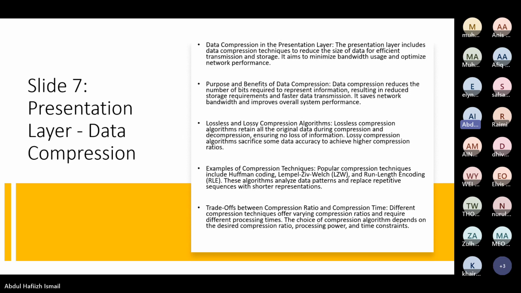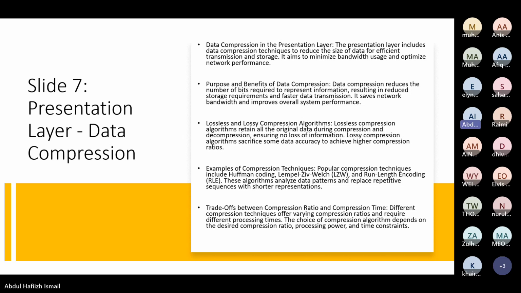It aims to reduce the size of data for efficient transmission and storage. It achieves this by minimizing the number of bits required to represent information. So the purpose is to save network bandwidth, optimize network performance, and improve overall system efficiency.